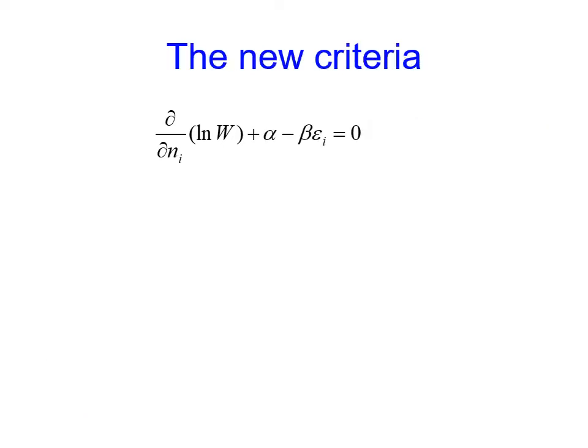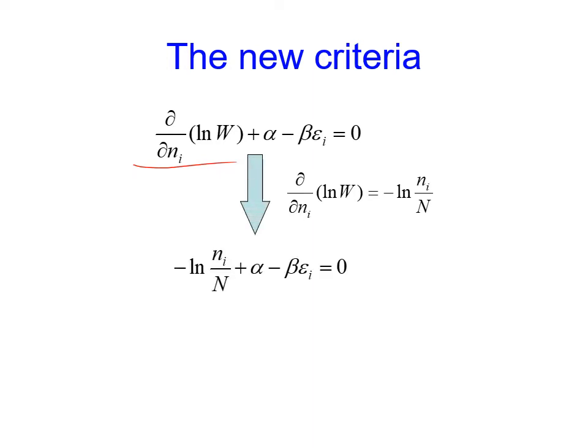According to Stirling's approximation we discussed before, the partial derivative of ln W over Ni should equal negative ln of Ni over n. So this equation becomes negative natural log of Ni over n plus alpha minus beta epsilon i equals 0.